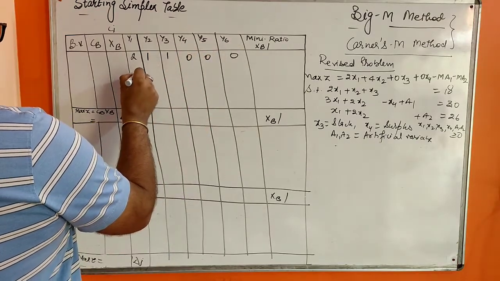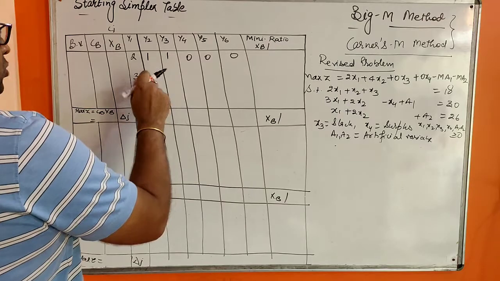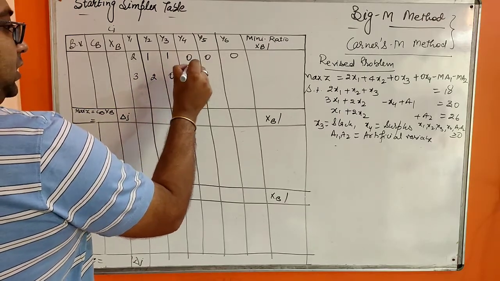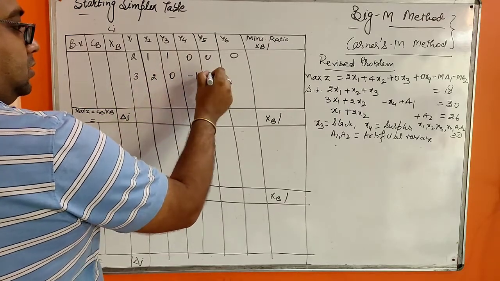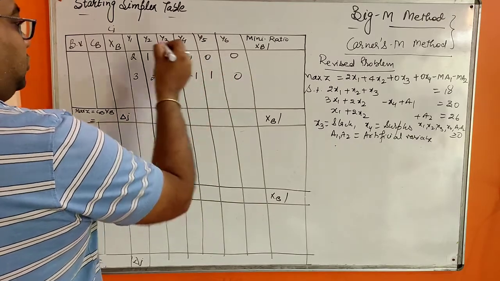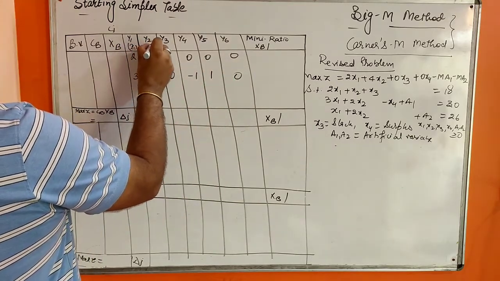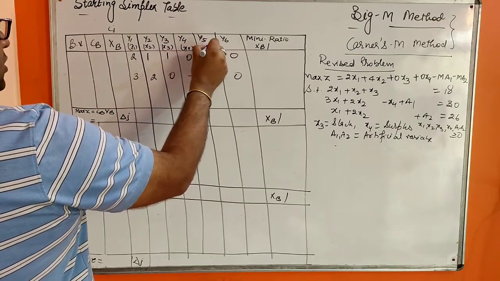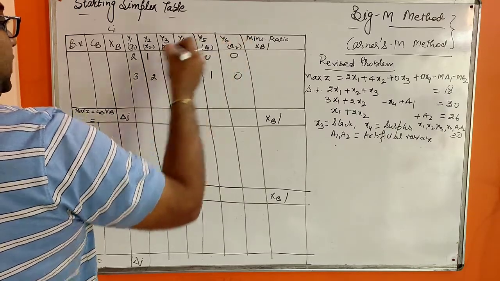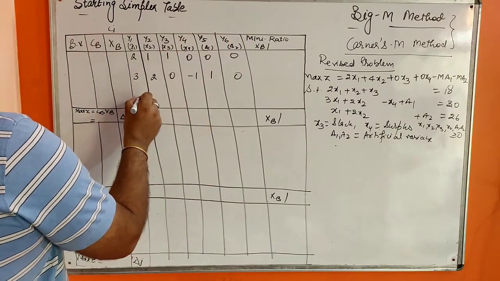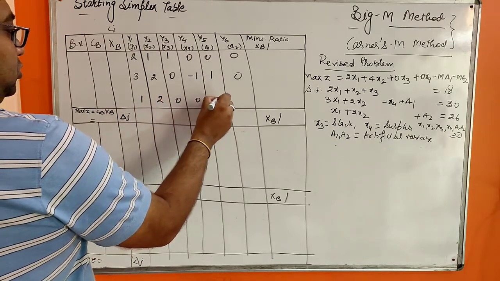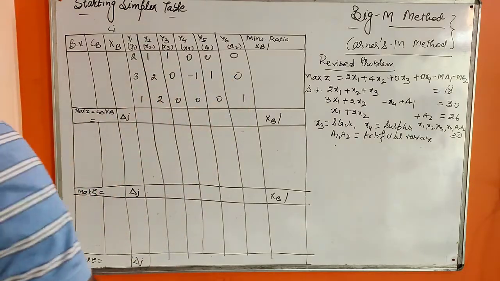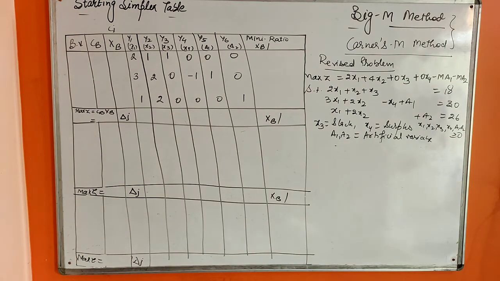For the second 3, 2, 0, minus 1, 1 and 0, because the columns represent x1, x2, x3, x4, a1 and a2. And for the third equation 1, 2, 0, 0, 0, 1, and identify where the unit matrix is formed, which elements form the unit matrix.